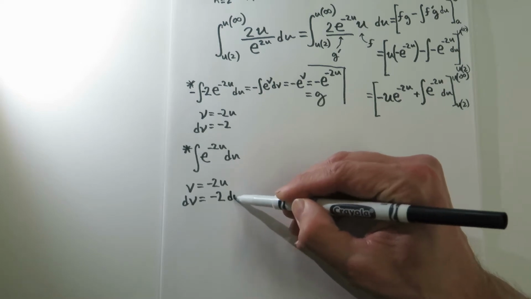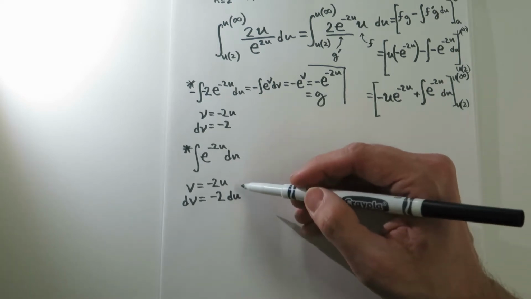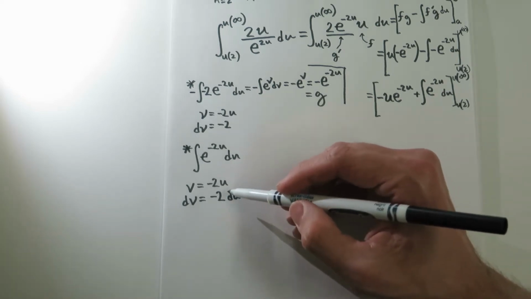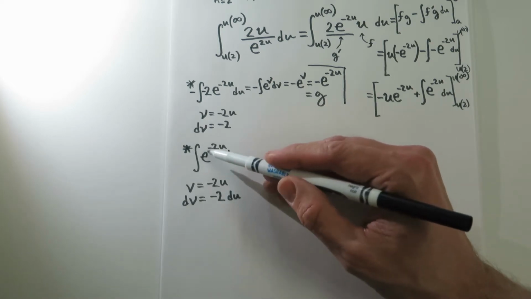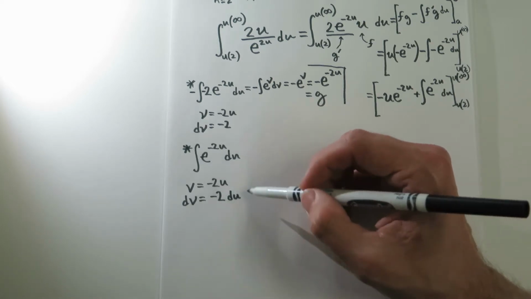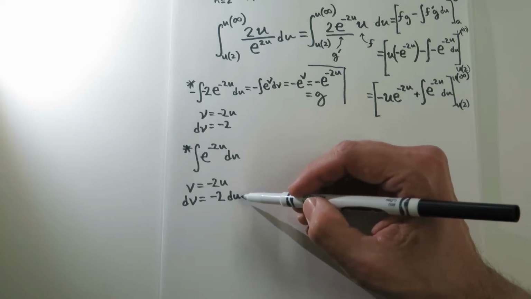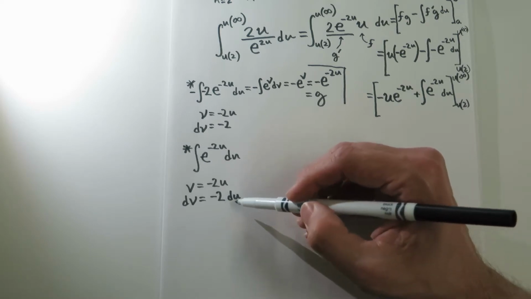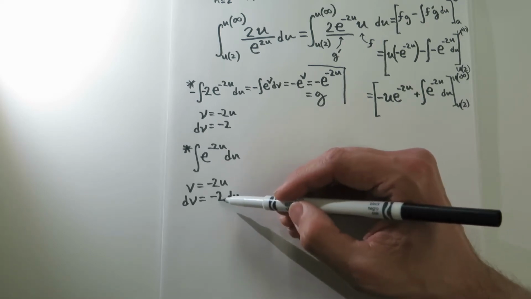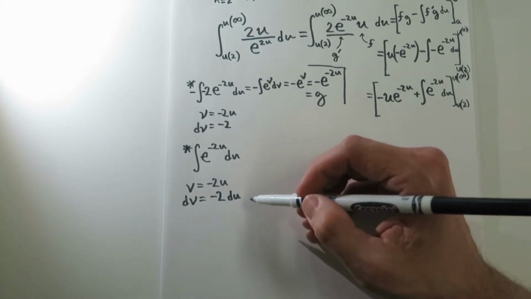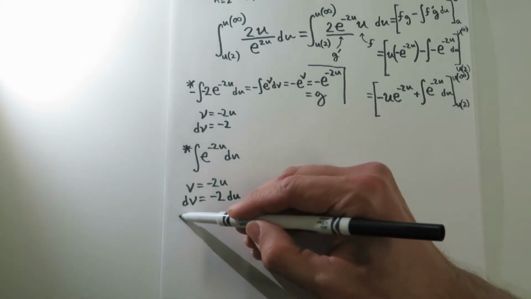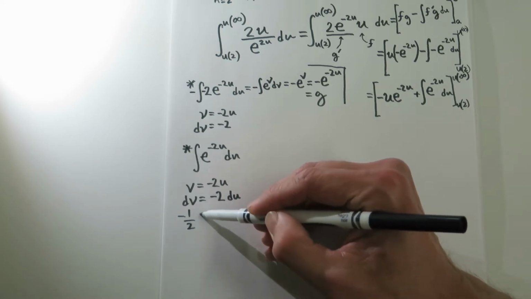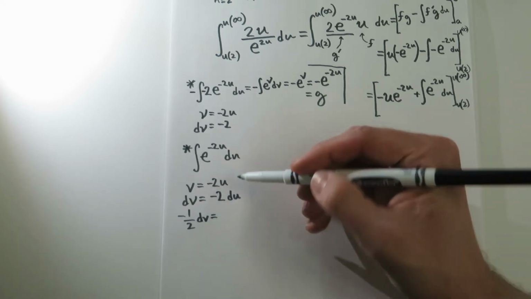So we could look at it both ways. We don't have a negative 2 here in our function. So if we want to just solve for du, we would divide both sides by negative 2, and that would get us that negative 1/2 dv equals du.